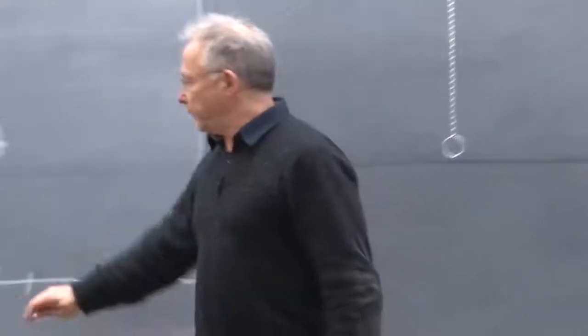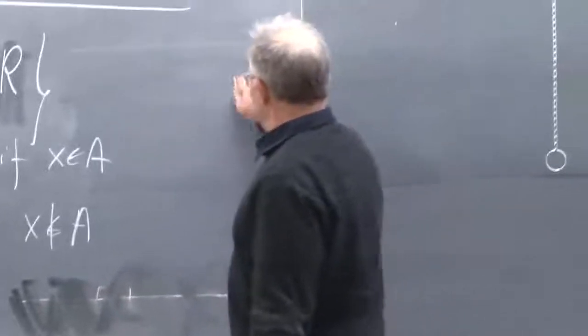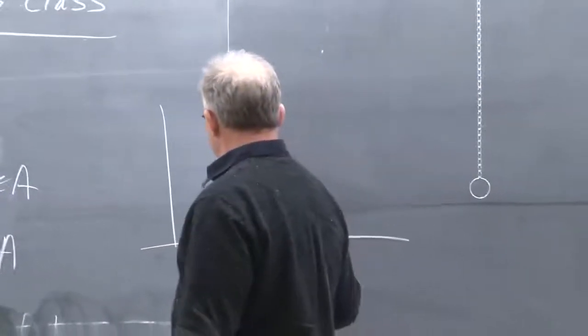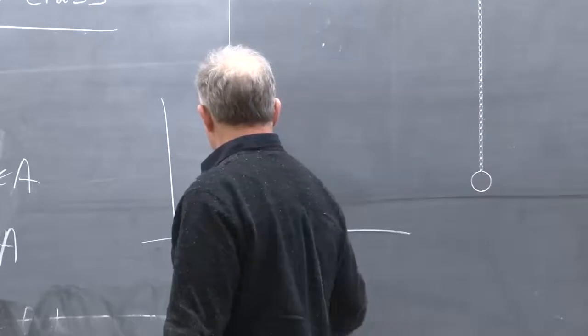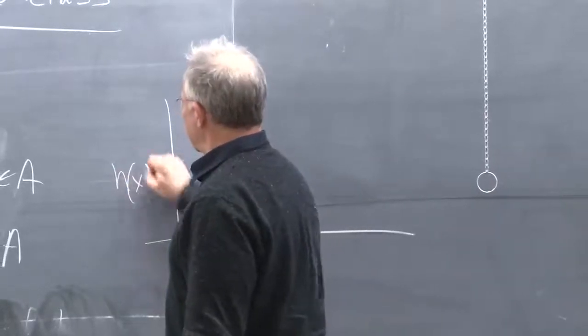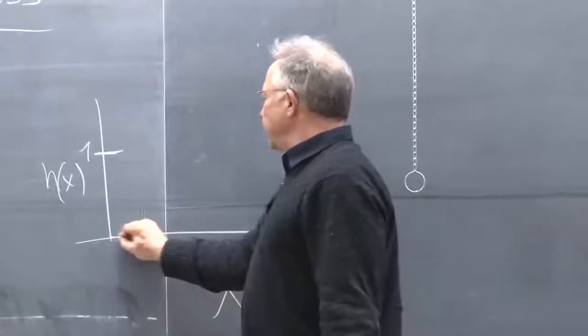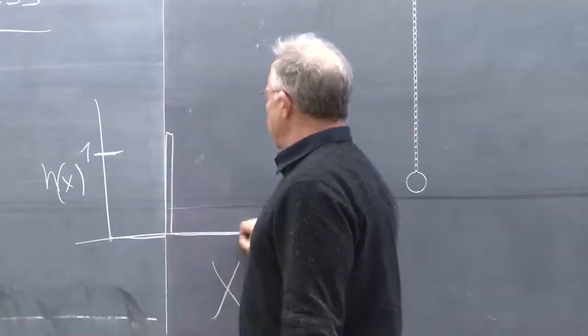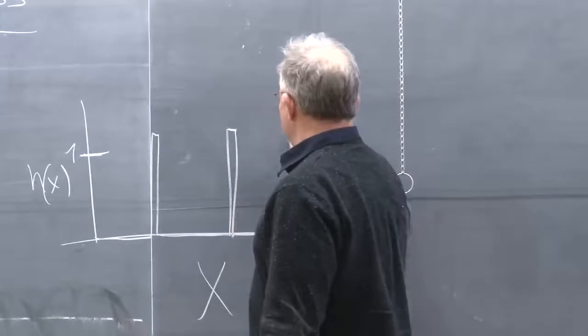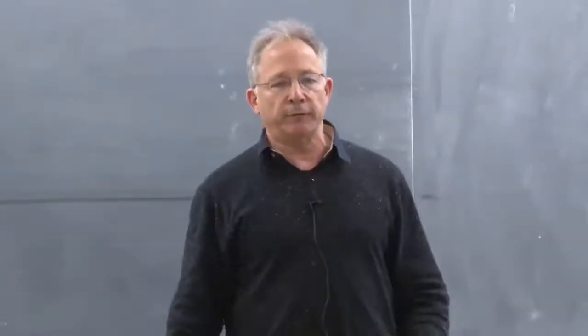If I want to draw it in two dimensions, here is x, and here I draw h of x, and here is the value 1, and here is the value 0. These are all the functions that look like a finite number of peaks. For a finite subset, it gives you the value 1. Everywhere else, it gives you the value 0.